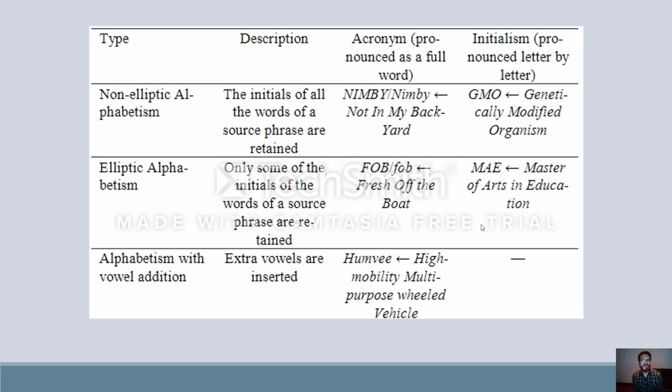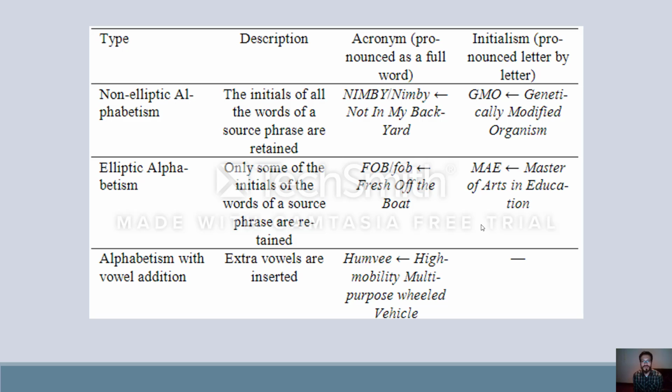Okay? So these two can be divided in different types based on the alphabetisms of the English language. For example, the first type is non-elliptic alphabetisms. In this, the initials of all words of a source phrase are retained. For example, not in my backyard.